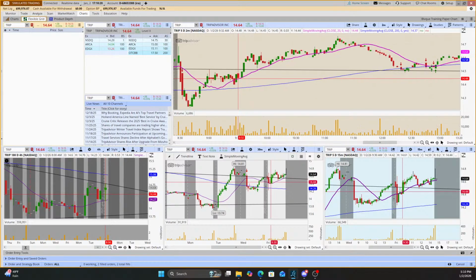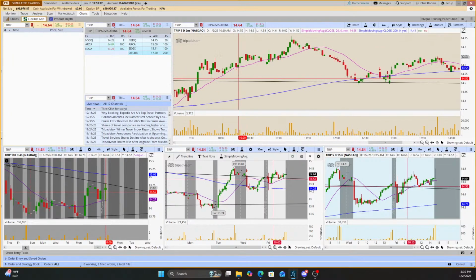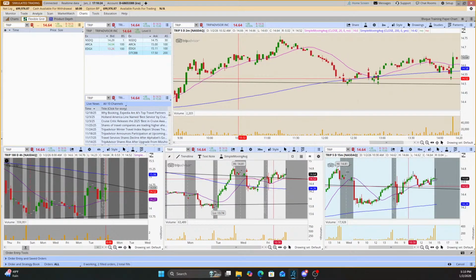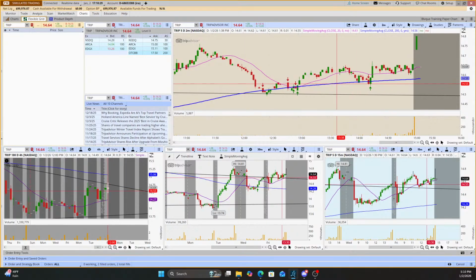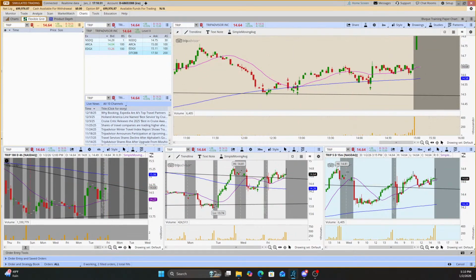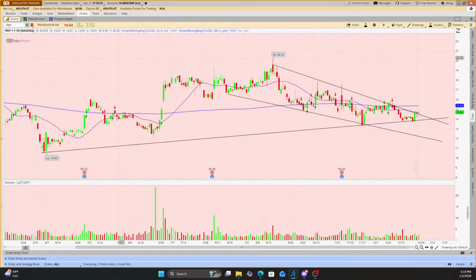Stop loss, probably still be in the trade. Right now it's going over the trend line. But it's going downward. So let's see if it's going to go bearish. We're going to see if it's going to go bearish.